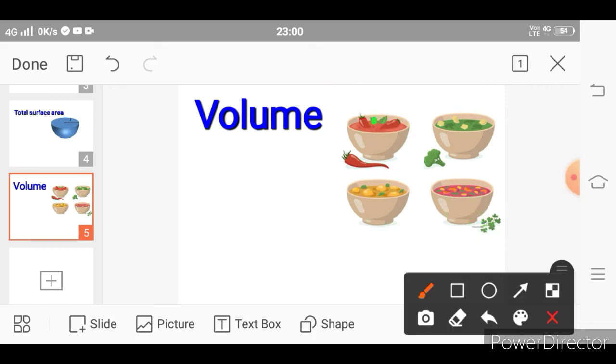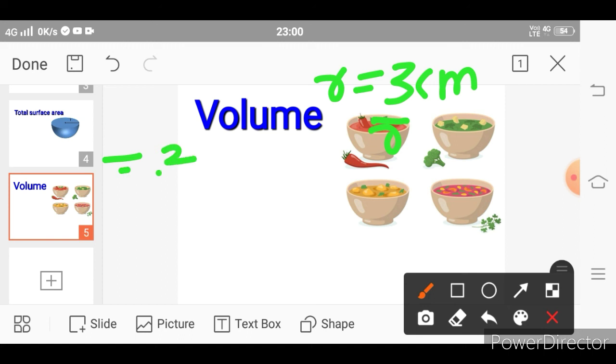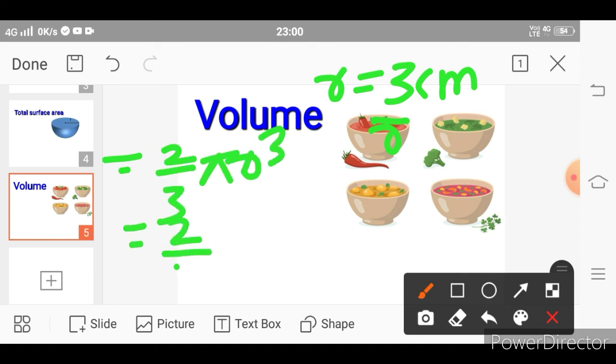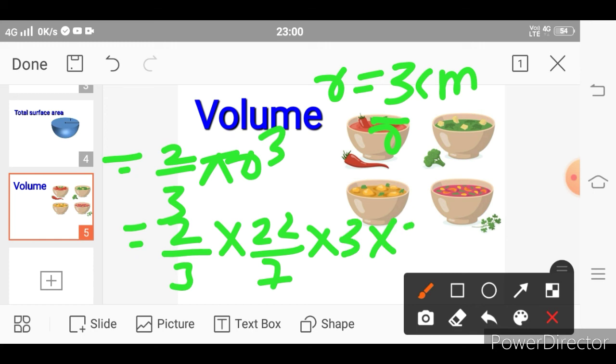Here r equals 3 centimeters, the radius of this bowl. Then the formula is 2 by 3 pi r cube. 2 by 3 into 22 by 7 into 3 into 3 into 3, because r cube, then we get the total value here.